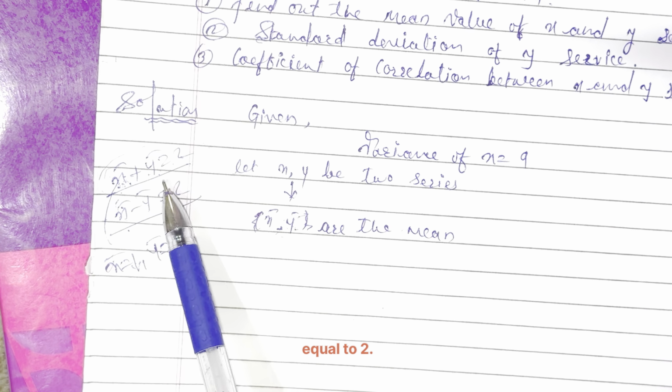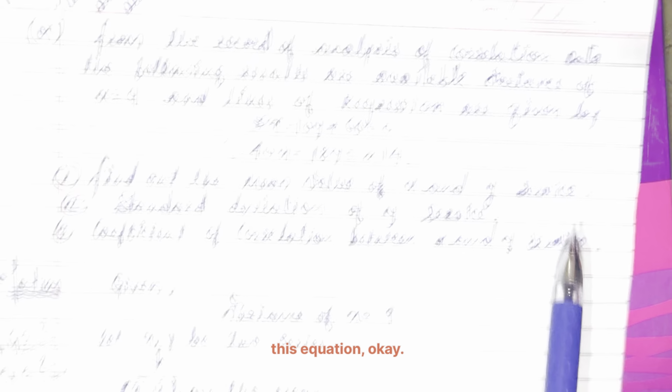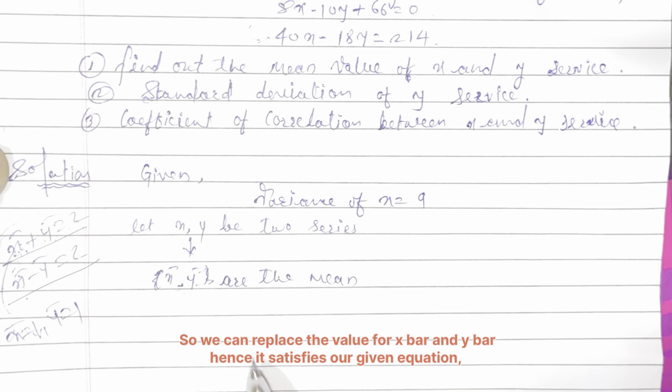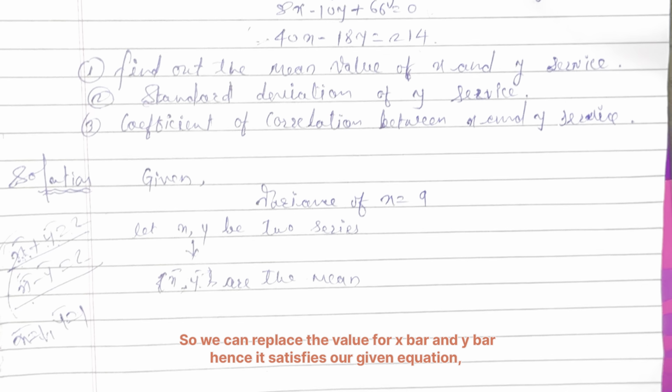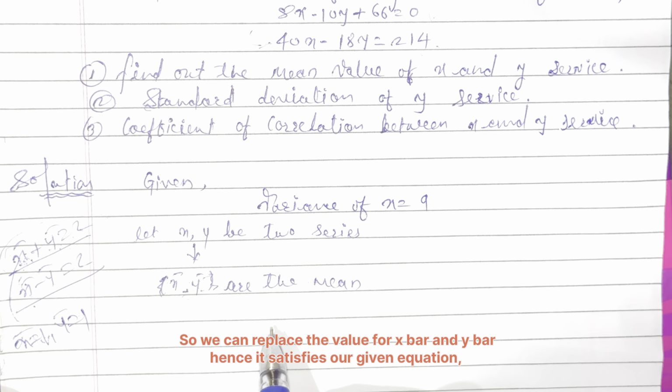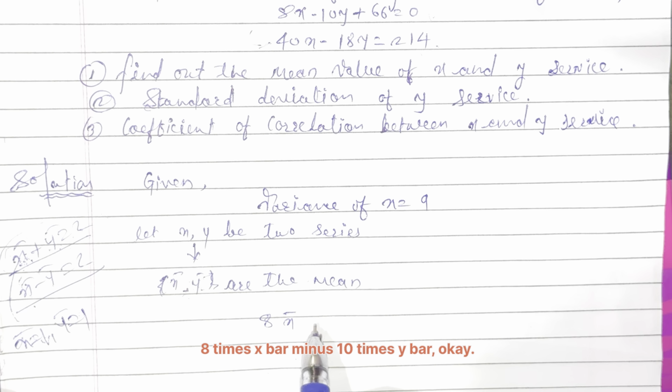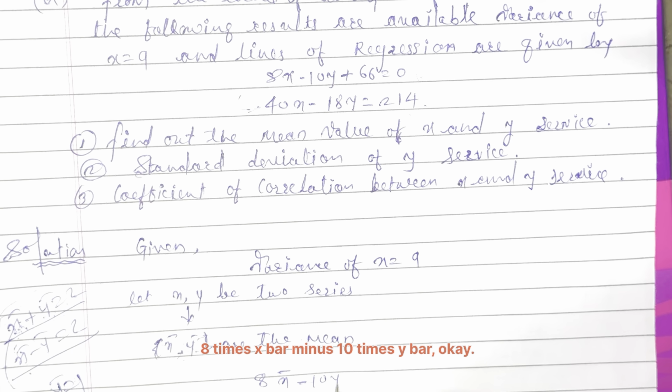Similarly here, if x bar and y bar are the means and they lie on these curves, that means x bar and y bar satisfy both of these equations. So we can replace the values for x bar and y bar, hence it satisfies our given equations.